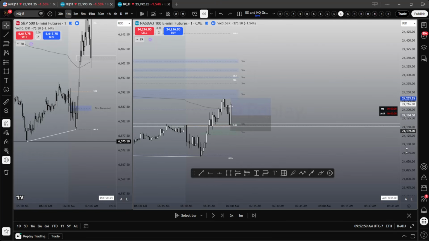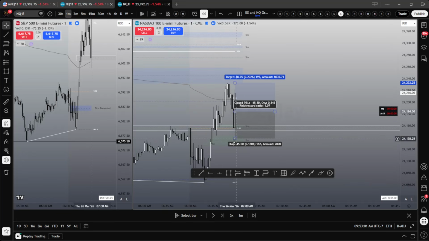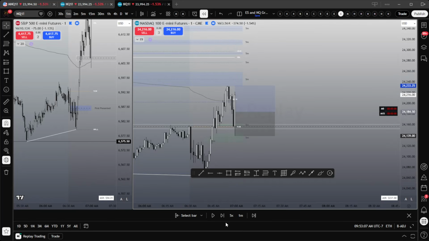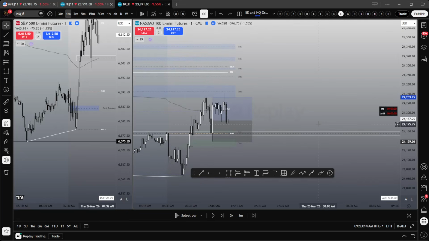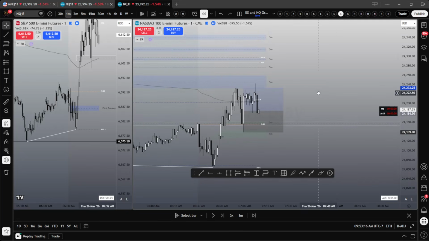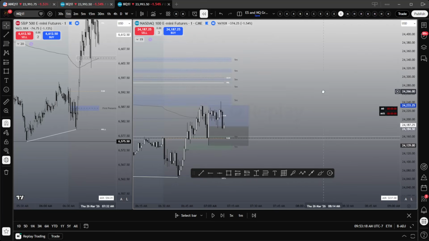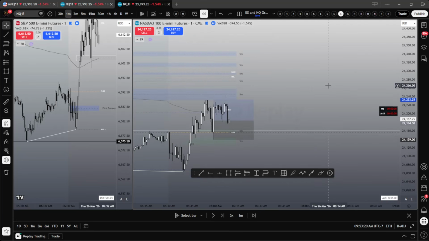I'm basing off of a rejection of these 5-minute gaps, strong displacement, and then we also have this high that we can target quickly. If you look at price action, we ultimately hit that high, and that was pretty much it. Once you have a clear system, all it takes is the right risk, and you want to be more aggressive on the evals.